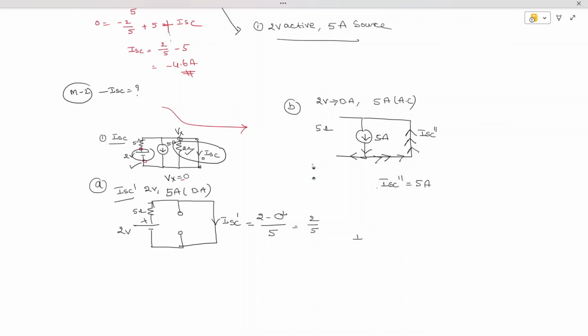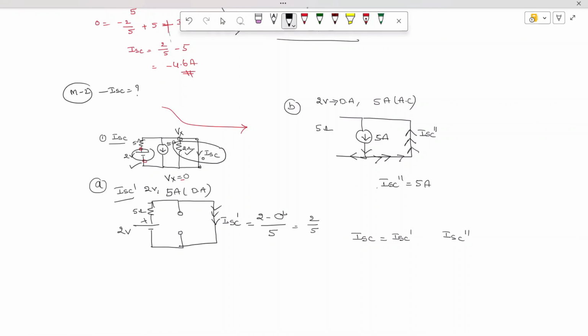Therefore the total current as per the superposition theorem is ISC equal to ISC dash and ISC double dash. Here you can see the current is flowing from top to bottom, so mark it as positive. But here the current is flowing in the opposite direction, bottom to top, so mark it as negative.